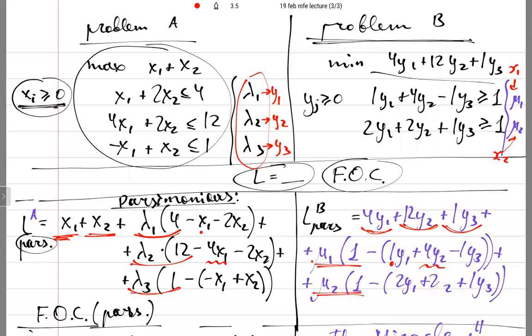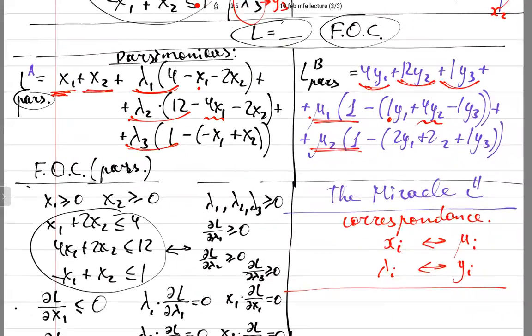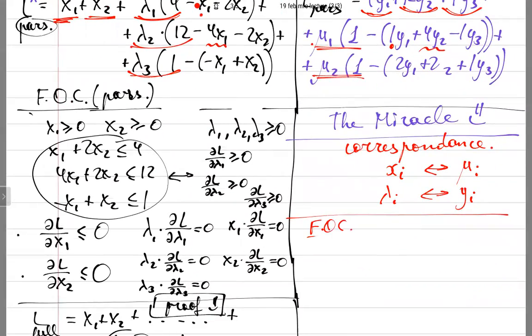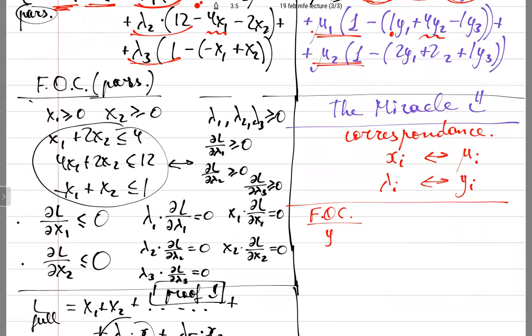Let's go on. You can probably guess that the first order conditions will be exactly the same. So let's move on to the first order conditions. Y1 should be non-negative, Y2 should be non-negative, Y3 should be non-negative. That is the original requirement. And mu1 is non-negative, mu2 is non-negative. This is a requirement of the standard first order condition in inequality optimization.